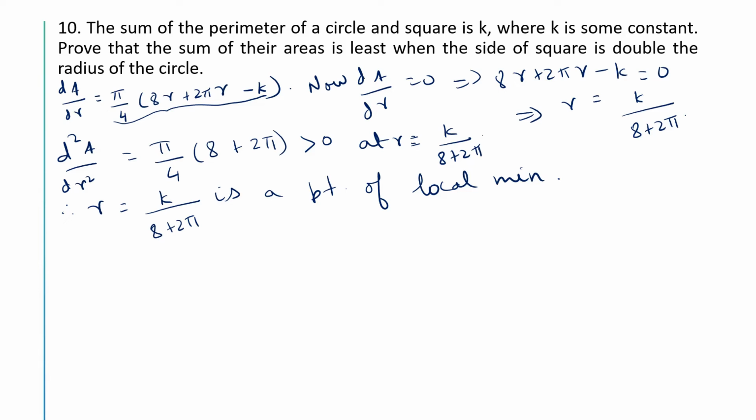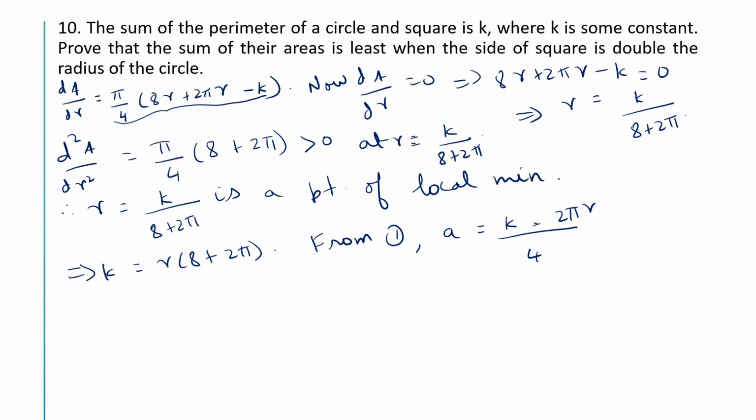So from this we can find k. So from this k is equal to r into 8 plus 2 pi. If we recall equation 1, from 1 we have taken A is equal to k minus 2 pi r divided by 4. Here we will substitute k.